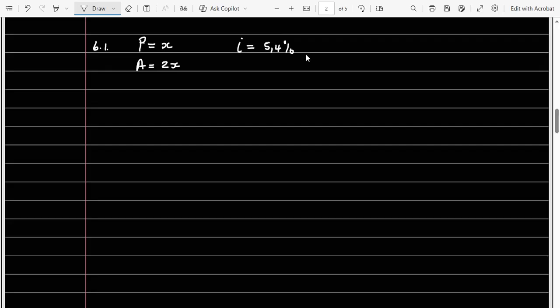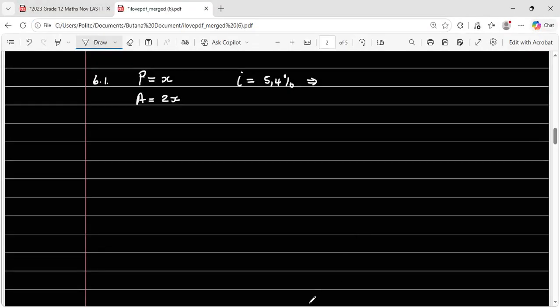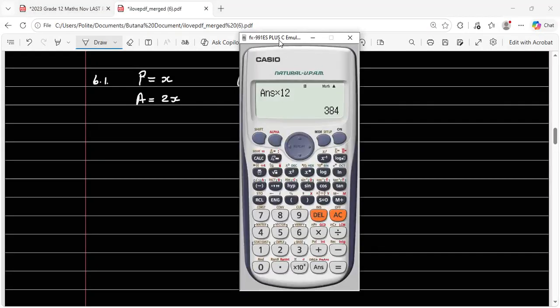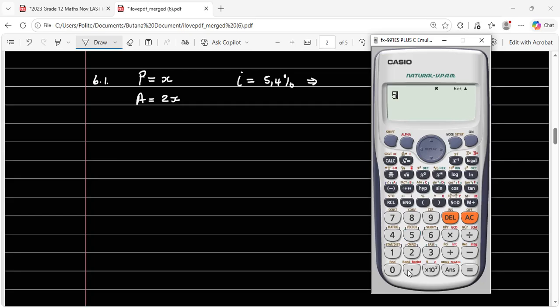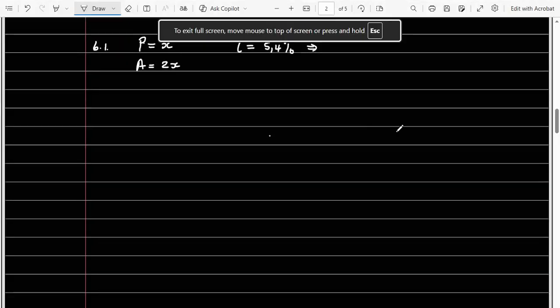We need to convert that 5.4%: we say 5.4 divided by 100 and see what we get on the calculator. This equals 0.054. So my interest rate is 0.054.